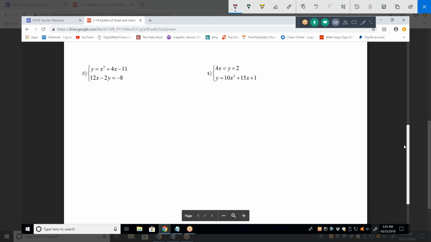All right. Now, when should you use substitution and when should you use elimination? Okay. Let me clarify. This is the only time you should use elimination: if you have two equations that look like this.